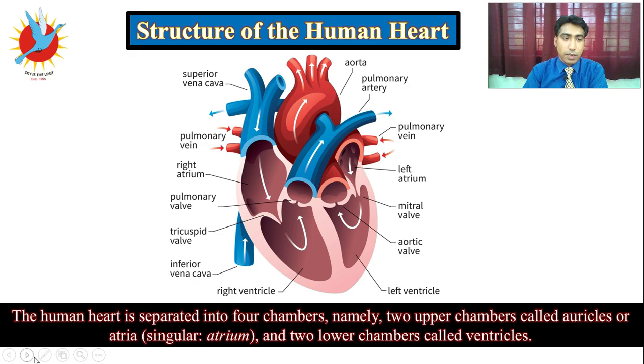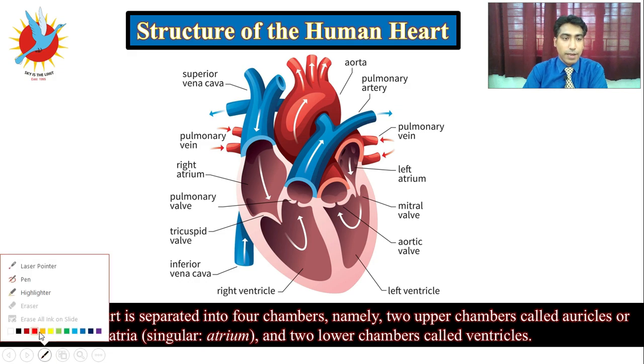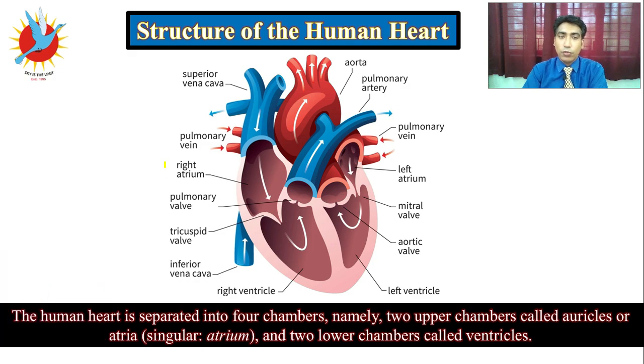In this diagram, you can clearly see that there are four chambers. This first chamber is the right atrium. This is the second chamber, which is called the left atrium. Here this is the right ventricle, which is the third chamber.